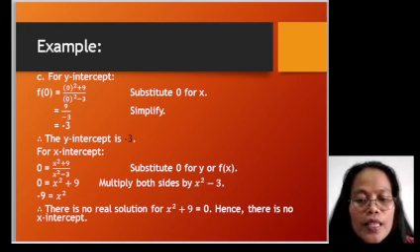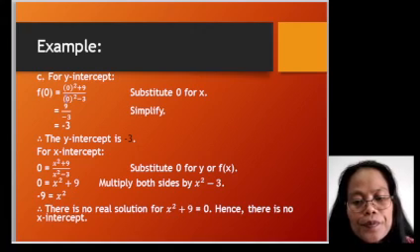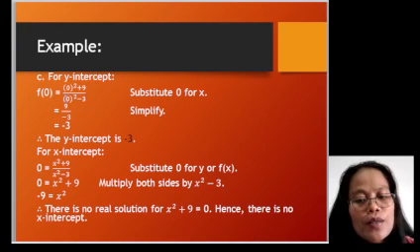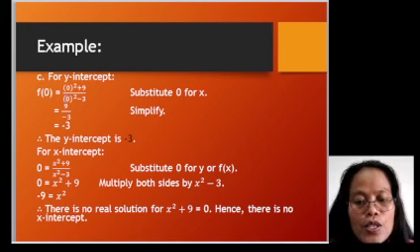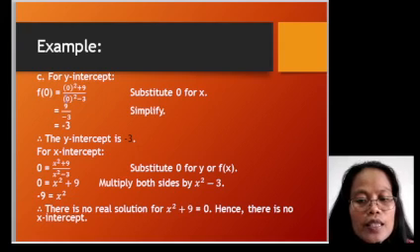So the remaining is x squared plus 9. So just take note, if there is a fraction, to simplify, we need to multiply both sides of the equation by the denominator of the rational expression that is at the right side of the equation. So we have here 0 equals x squared plus 9, and negative 9 equals x squared.